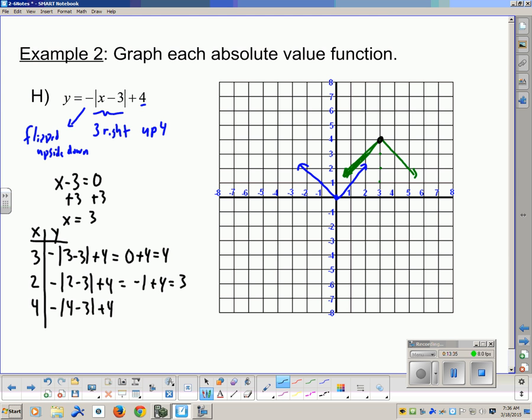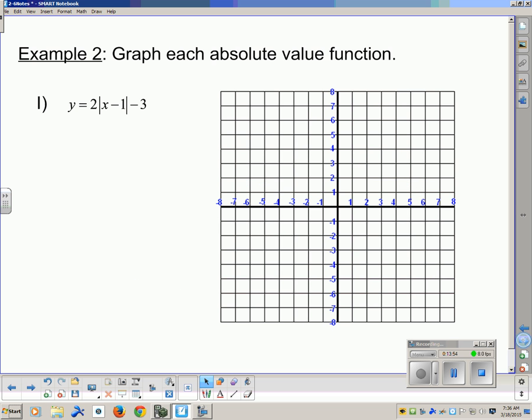So 4 minus 3 there is 1. Absolute value of 1 is 1, times the negative 1 is negative 1, plus 4 is 3. So you've got 4, 3, and we've got 2, 3. And then you'd simply connect those. So there's my combination graph.